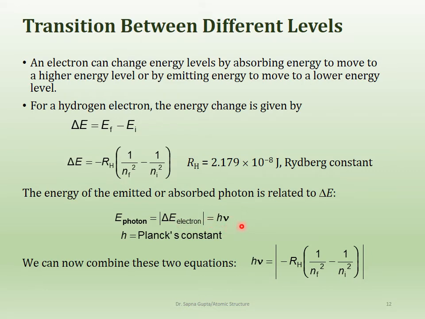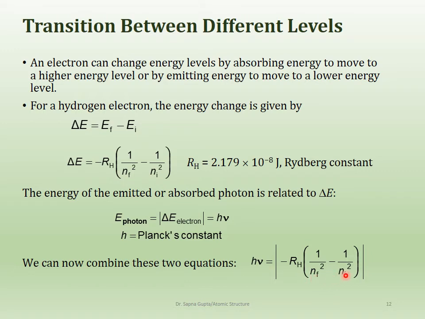That's an important equation. Once all of these equations are combined, you have this wonderful equation where h is Planck's constant, nu is the frequency, RH is the Rydberg constant, which is given over here in joules, and final and initial are the different levels at which the transition is taking place.